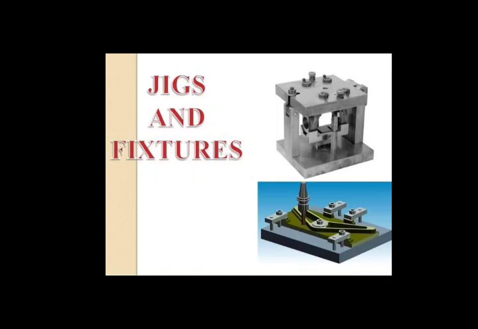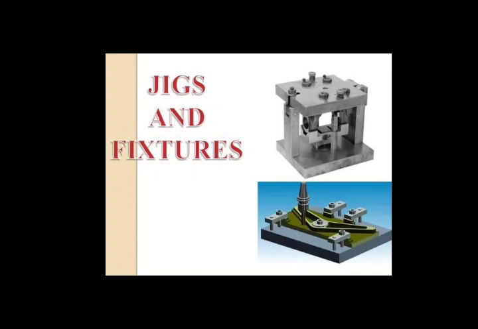Let's take an example. In a certain process, it is required to drill 4 holes of diameter 20 mm on a workpiece of dimension 100 by 100 mm. To carry out this operation, first of all, the operator will have to mark the exact position of the holes onto the block of workpiece, isn't it?